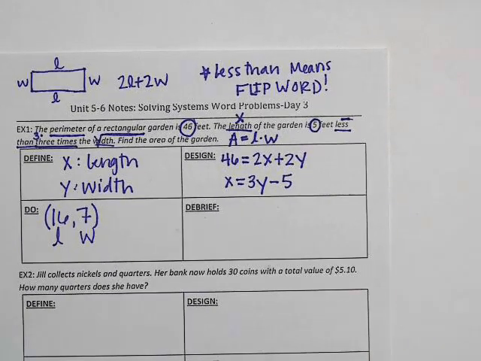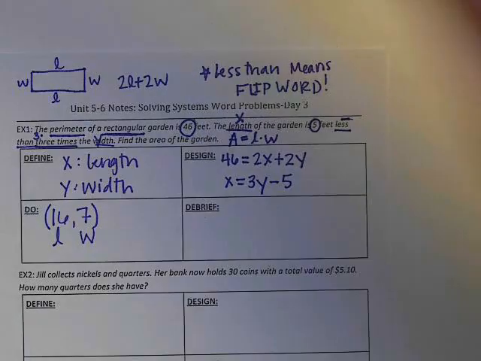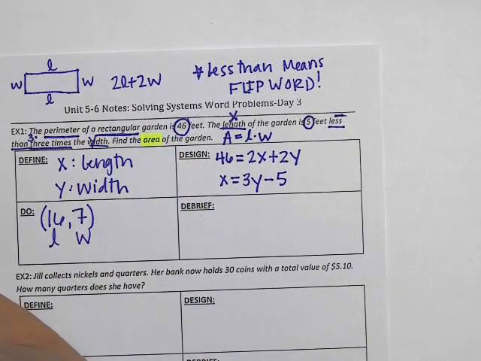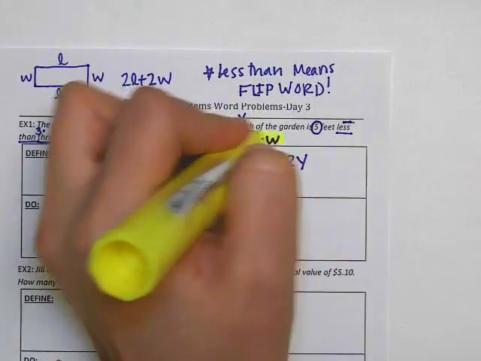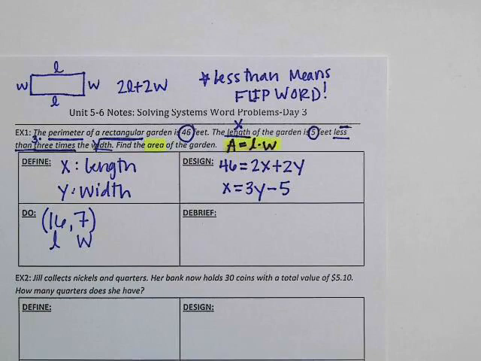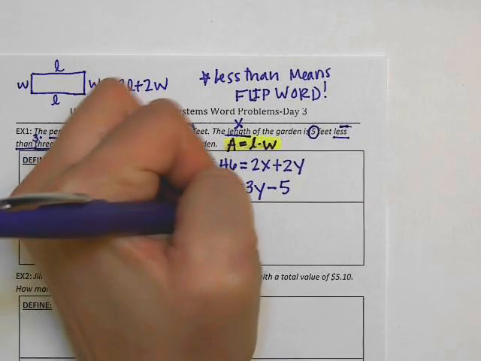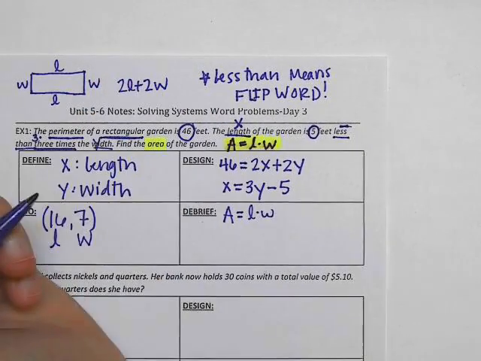Okay, let's debrief. Did we answer the question? No. What's the question asked for? Find the area. Remember this part right here. Area. And we said that the area's equation is length times width. So what do? 16 times 7. So my area equals length times width.